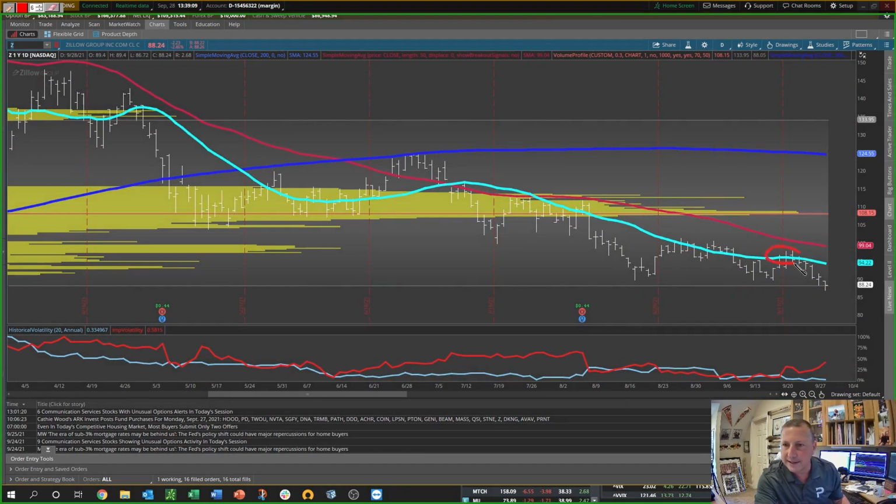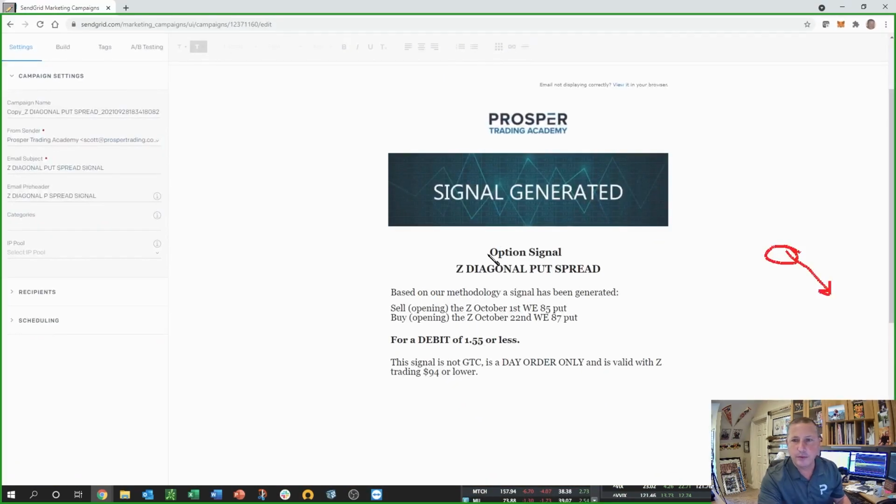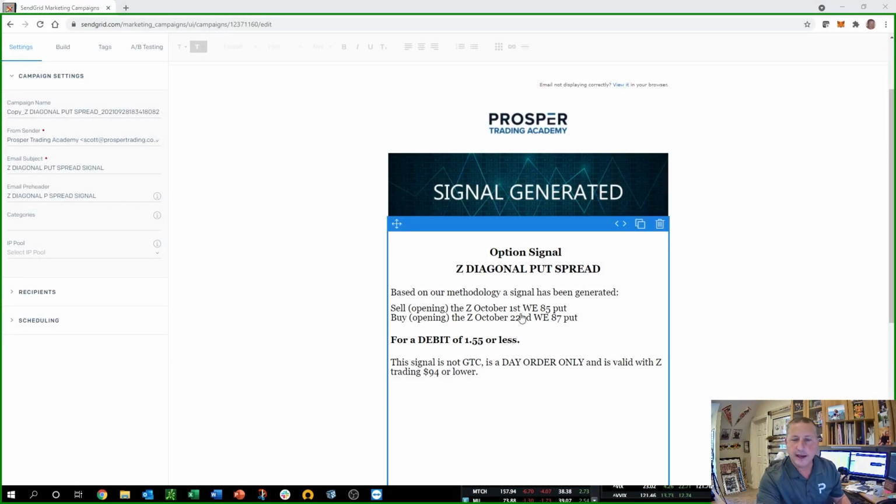We got into this signal right here, and look what happened to the stock. I'm going to show you right now exactly what we did. This was the signal that we put out here, guys. Okay, just to buy a diagonal put spread. A diagonal is very similar to a calendar where we're buying time, but a diagonal uses different strikes.